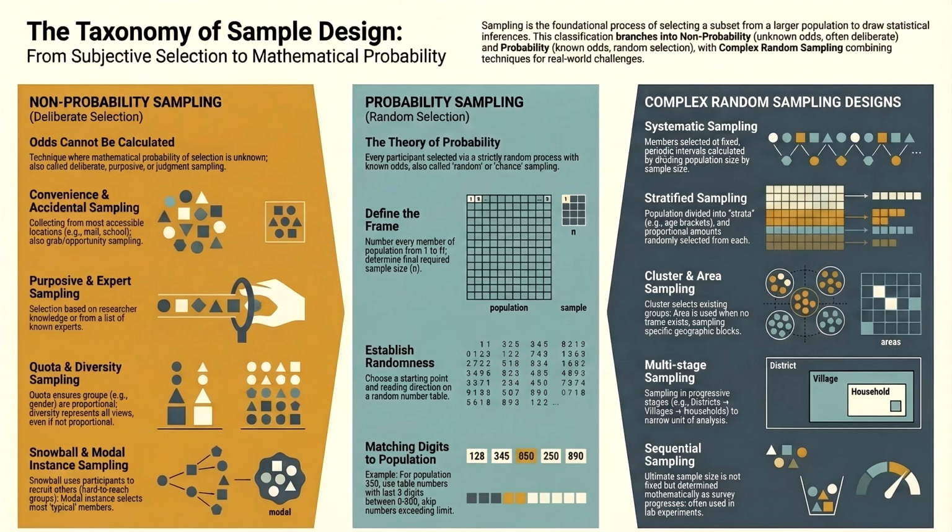I will select 10 people from first year, 10 from second year, and 10 from third year. So this way, I will reach my sample size of 30. This technique is called strata or stratified sampling because I am making the population into smaller groups and then selecting a sample from these smaller groups. This way, it ensures that the sample is actually representative of the characteristics shown by the population.